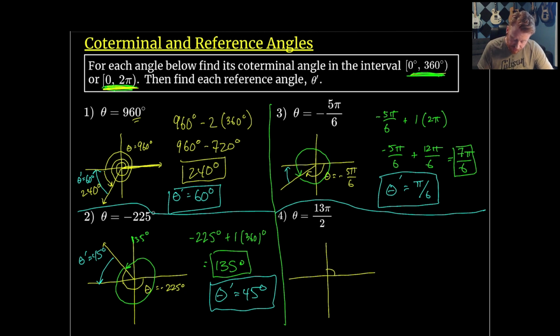So there's 1 pi over 2, 2 pi over 2, 3 pi over 2, 4 pi over 2, 5 pi over 2, 6 pi over 2, 7 pi over 2, 8 pi over 2, 9 pi over 2, 10 pi over 2, 11 pi over 2, 12 pi over 2, 13 pi over 2. So we've traveled all the way around and ended back up where, hopefully, we already know that is just pi over 2, since we counted by pi over 2s. So without doing much work, we can already tell that the coterminal angle is pi over 2.